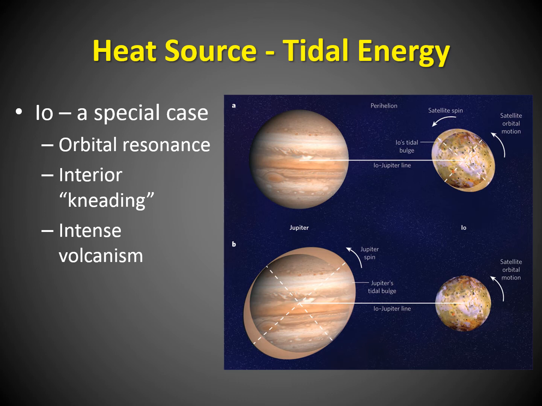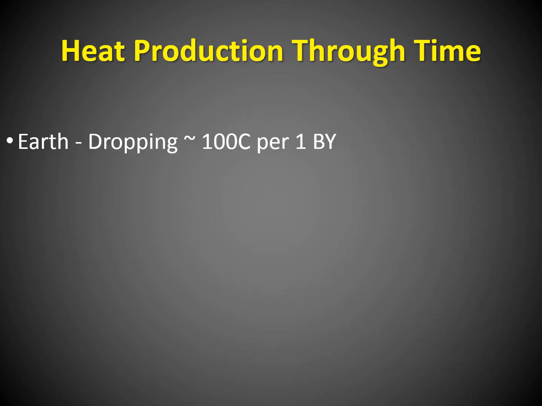Okay, so far we have several sources for heating. We've got leftover heat from when the Earth first formed as a planet. We have heat from the decay of radioactive materials. And we have some of this tidal energy, this tidal kneading. Now the Earth is cooling off.